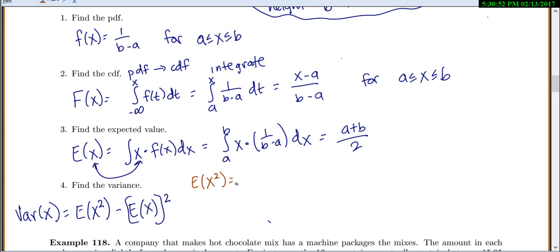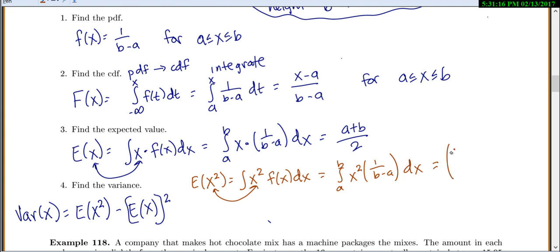To find it, you integrate x squared, but you still times it by f of x dx. So we'll still integrate from a to b, x squared times 1 over b minus a dx. And we get this big complicated looking thing, which is a squared plus ab plus b squared over 3.